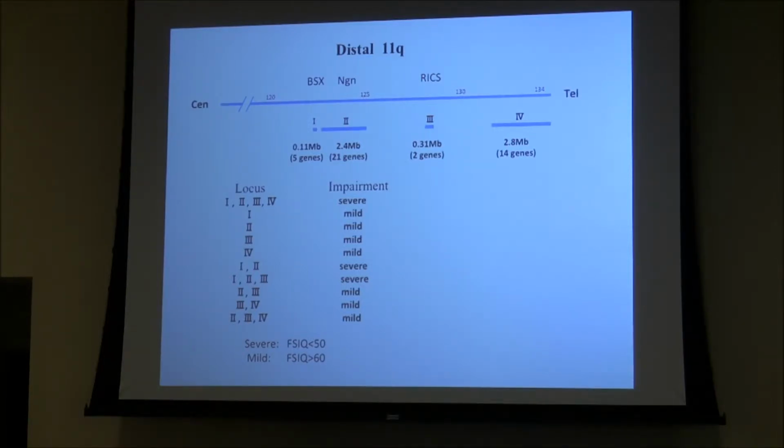And that's not too surprising, okay? And on the opposite end, nobody with the largest deletion has the higher end of the scale of the IQ. Does that make sense?